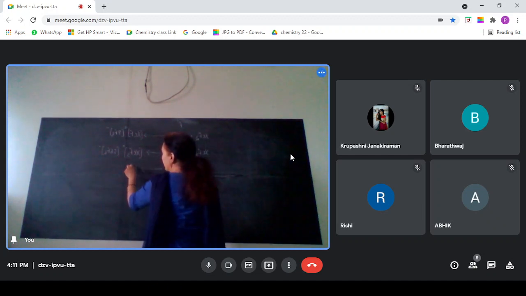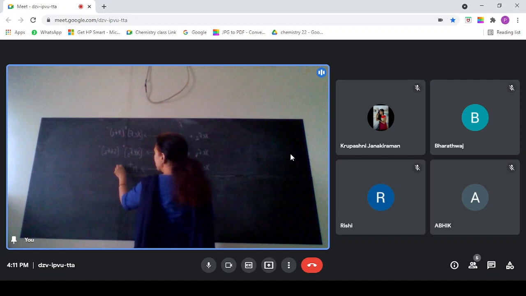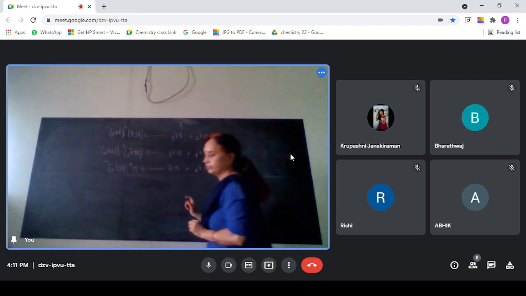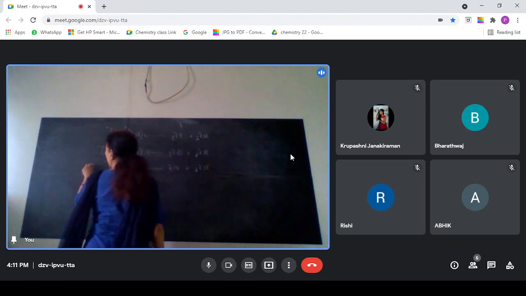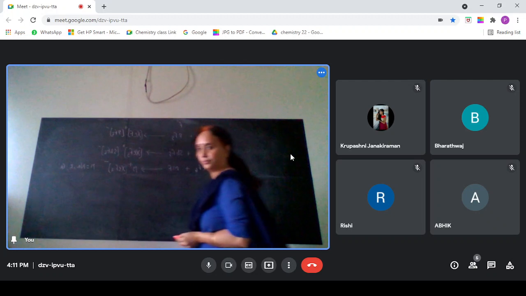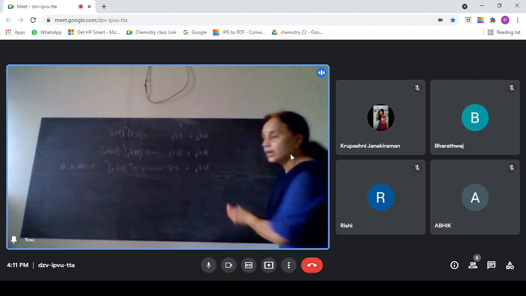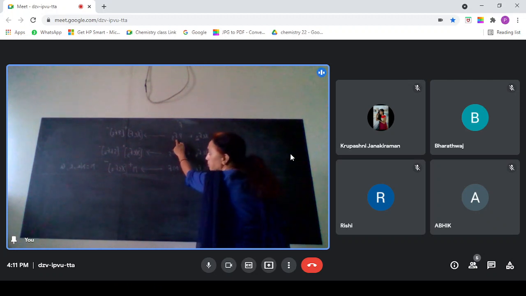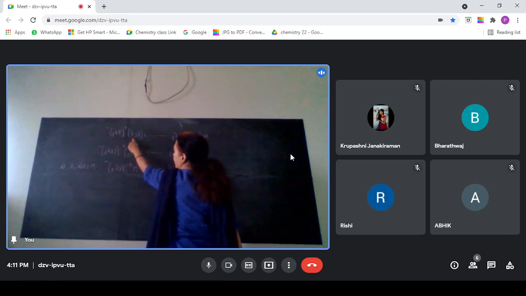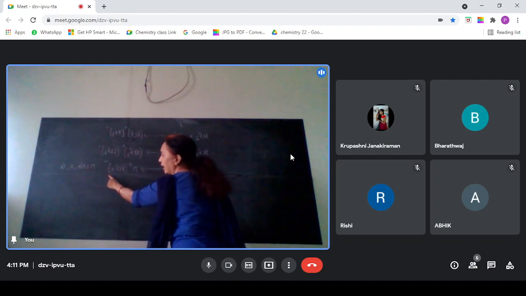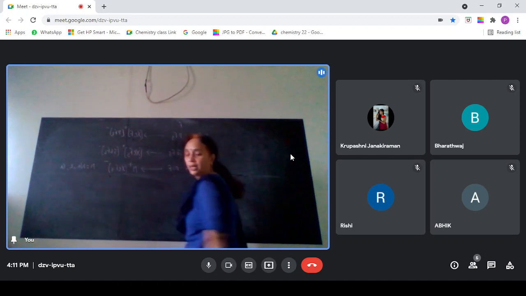So they will form M plus XeF7 minus, where M is sodium, potassium, calcium. So, they react with fluoride ion acceptors forming cationic species and fluoride ion donors forming anionic species. This they have asked in the exam.